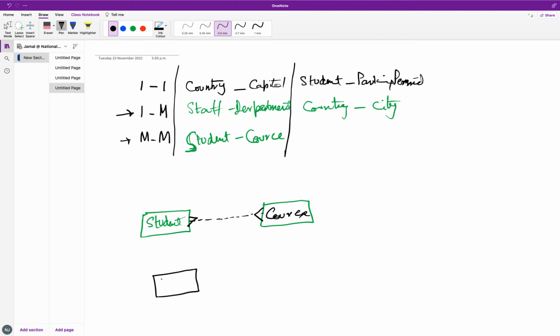So this is student, and this is course. We have to introduce a third entity named, for example, enrollment. Okay.